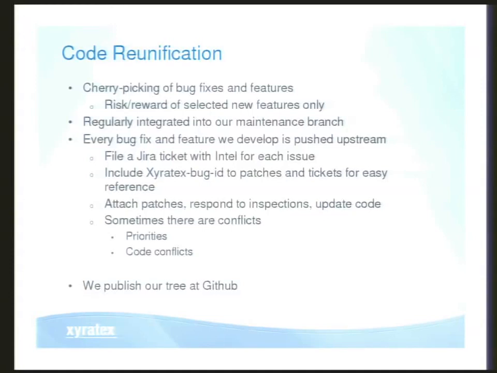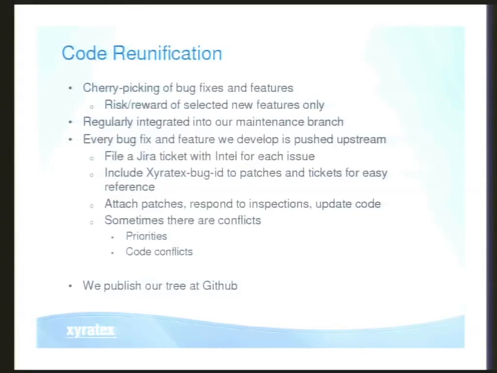So our engineers then spend the effort to attach the patches, address inspection requests and questions, update the code, and get these patches landed, even though they're already in our releases. This is basically purely to keep the upstream code as stable and as featureful as possible.